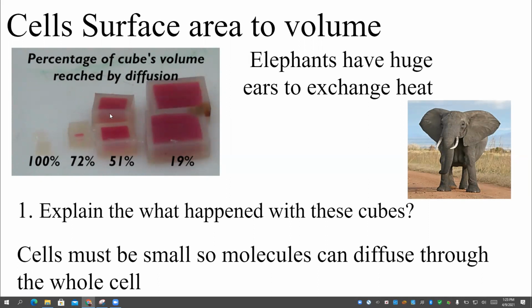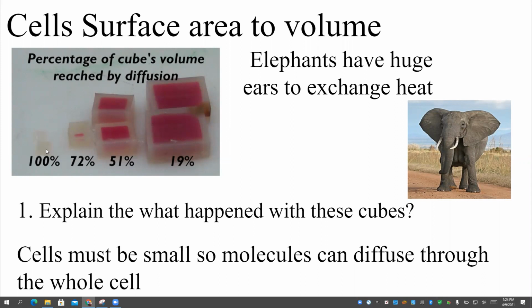Then you see that the middle stays pink. This is actually an experiment where they took these and they had an indicator, and then they saw if the outside could diffuse through. So diffusion reached the little one all the way through, but on the next size up, the middle did not quite get diffused to. The molecules couldn't get there. You go even bigger, there's even more volume that doesn't get diffused to, and that's because the smaller you are, the more surface area you have relative to your volume.